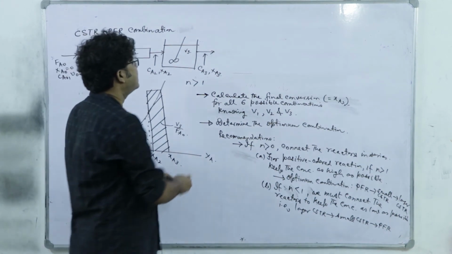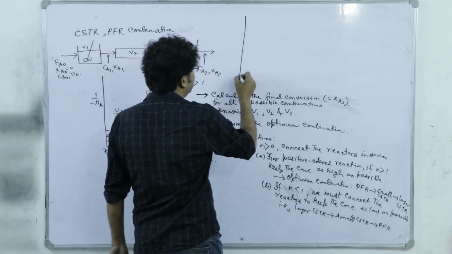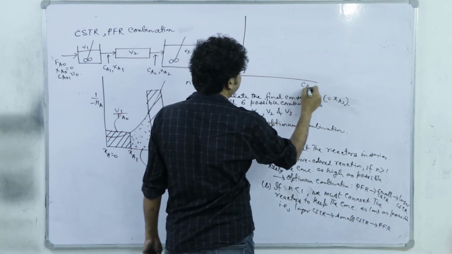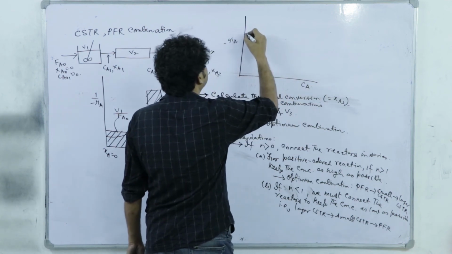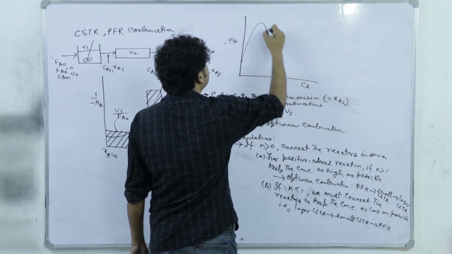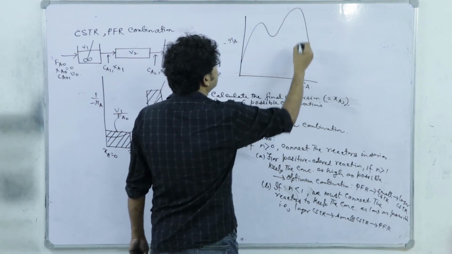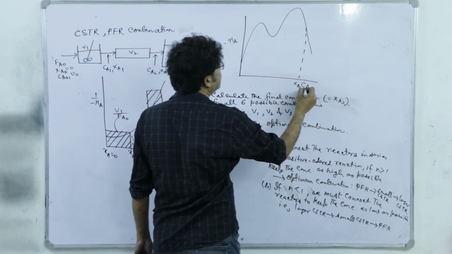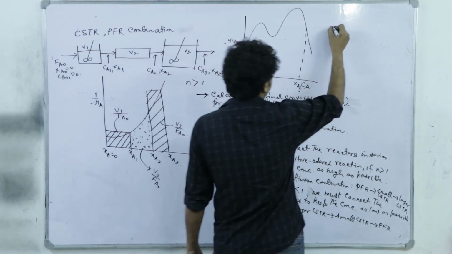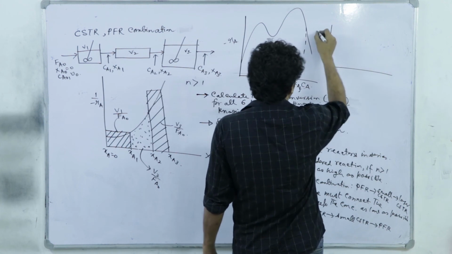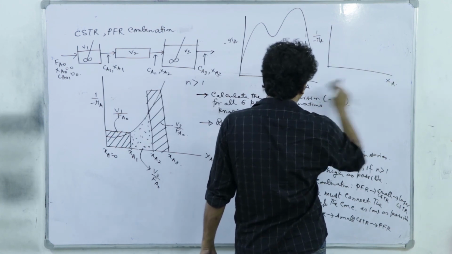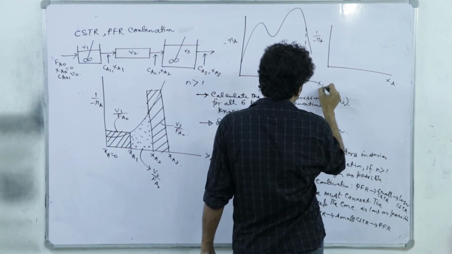So just like this, this was a GATE problem as far as I remember. So minus RA versus CA. Our desired final conversion is here. So what will be the best possible combination? See, 1 by minus RA versus XA. This is XA, sorry, not CA.